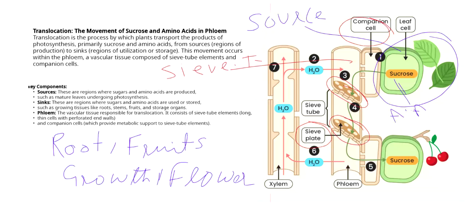And as you see here, between the companion cells and the sieve tube cells there are small gaps. These gaps are known as plasmodesmata.